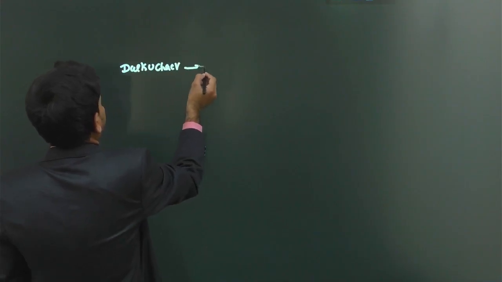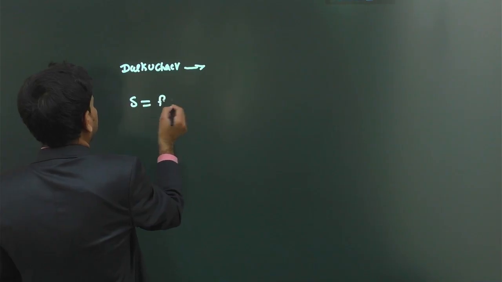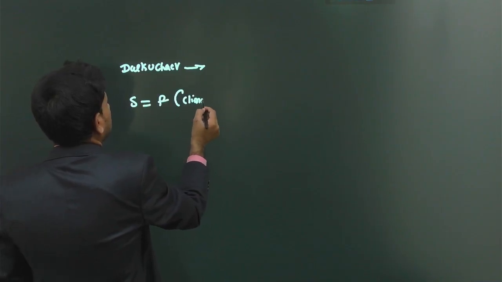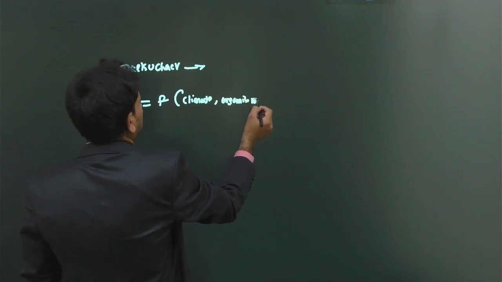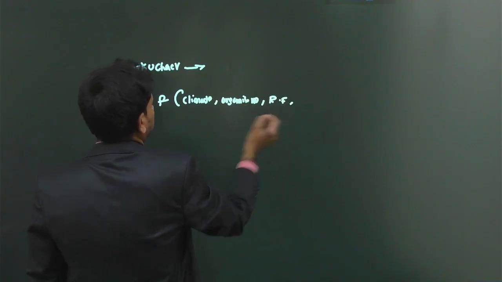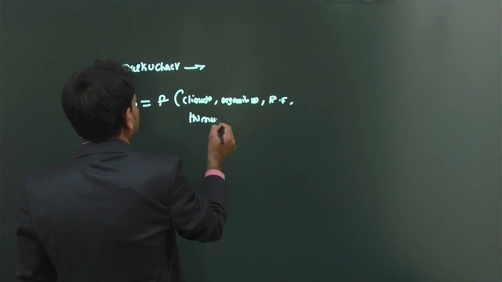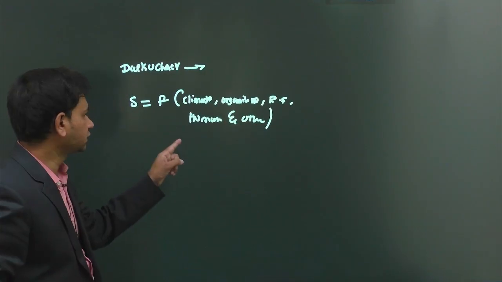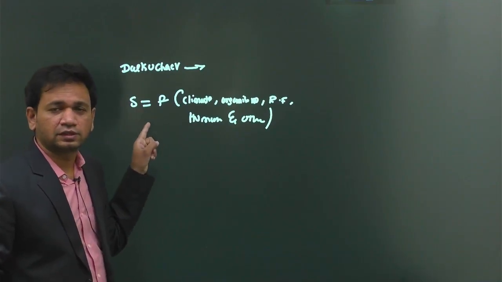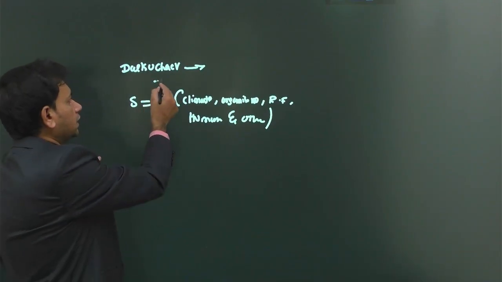According to Dokuchaev, soil is a function of climate, organisms, rainfall, human and other activities, which are collectively responsible for the formation of the soil solum.